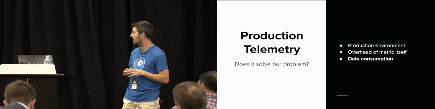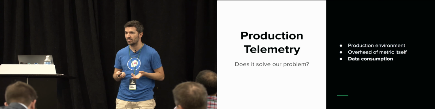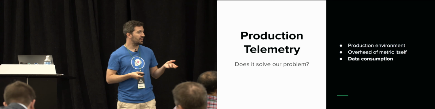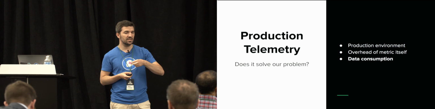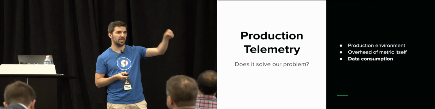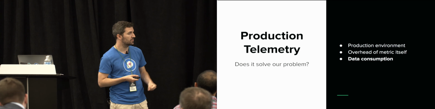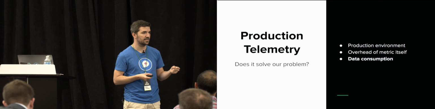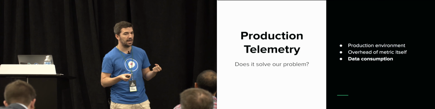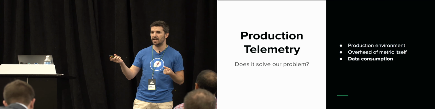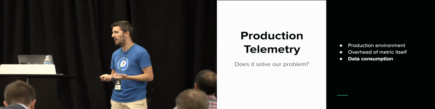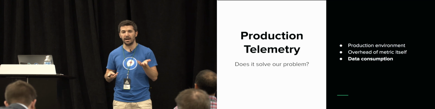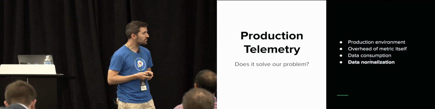And the same thing happens with data consumption, right? At the end of the day, you need to gather all this information, but you need to send it to the data warehouse, which means that you need to somehow send this data over the network, and you need to balance how you do that.